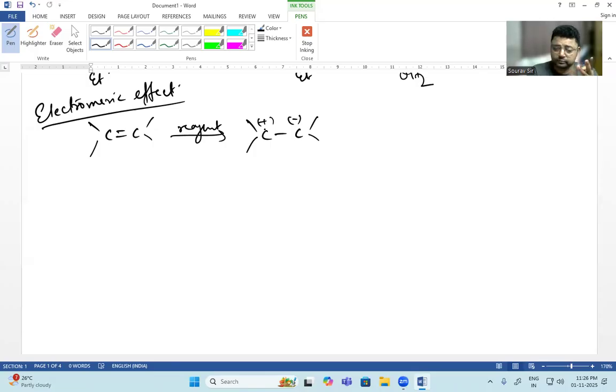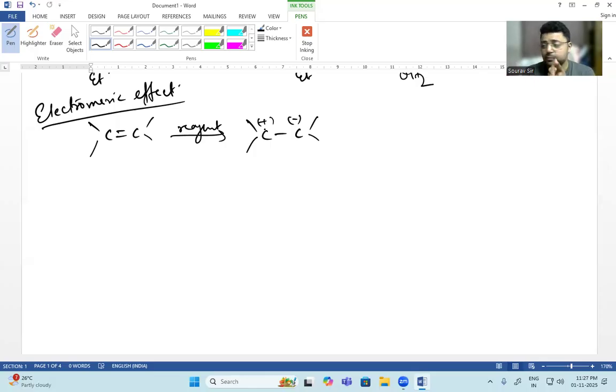The third, we have already talked about, is that it should obey the 4n plus 2 pi electron rule. And the most important one is that the molecule must be conjugated. If there is a break in conjugation somewhere in the molecule, then resonance will not happen. So these 4 parameters are very essential.